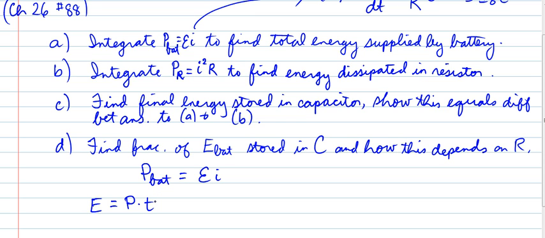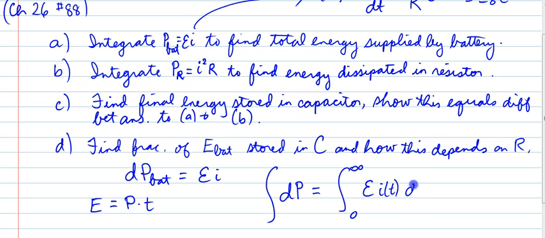So if we want the energy, we have to take a small amount of power dissipated at a particular current, and we have to integrate over all time. Essentially, we're integrating from 0 to infinity E I of t dt. And so that's where that t comes in.